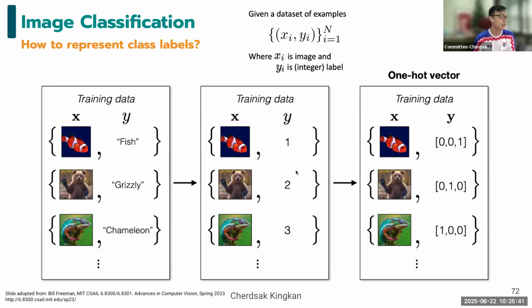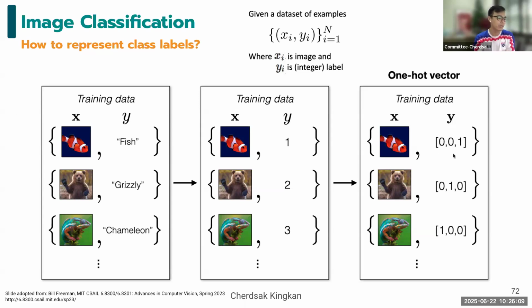Or you can represent it with the integers 1, 2, 3, 4, 5. Or you can represent the labels of each class by using what we call one-hot vectors. All right. What is a one-hot vector? It's just one in one position and zero elsewhere. All right, so that's what we call one-hot vectors.